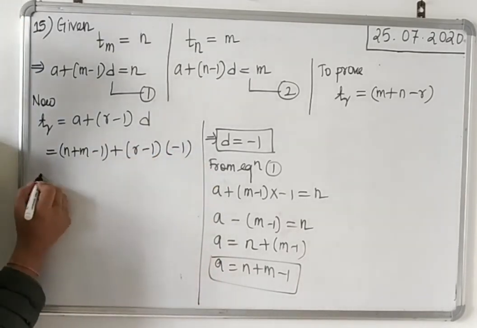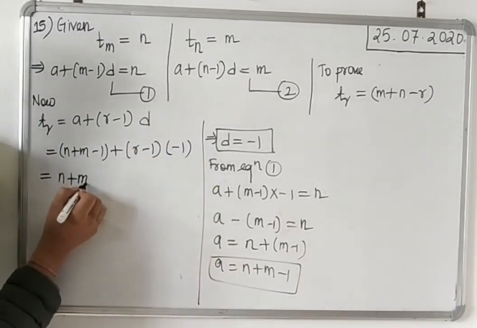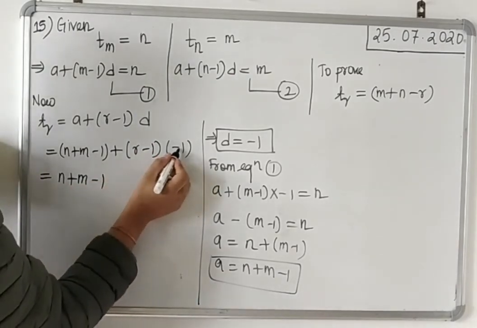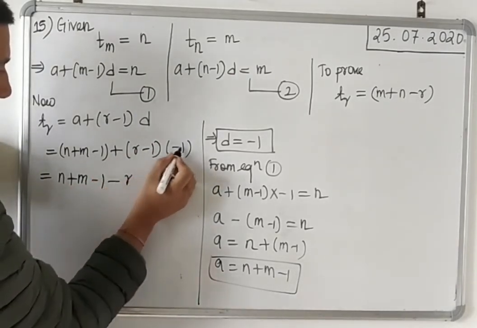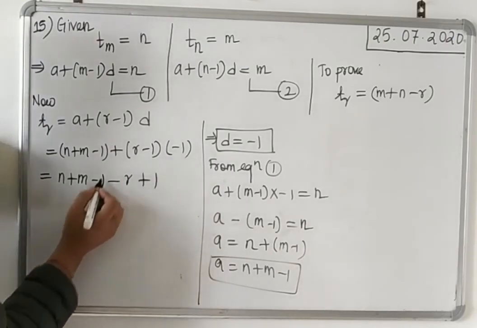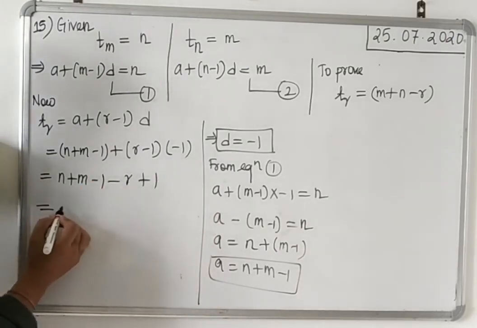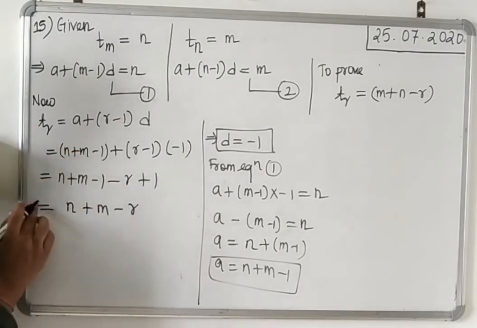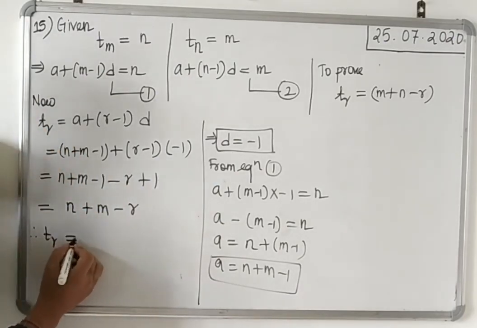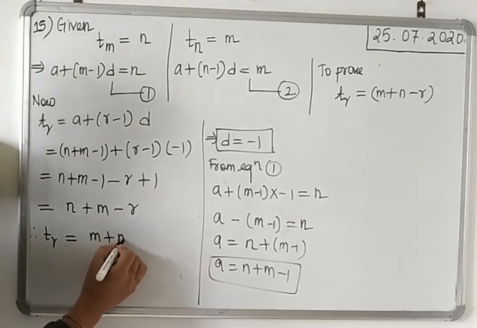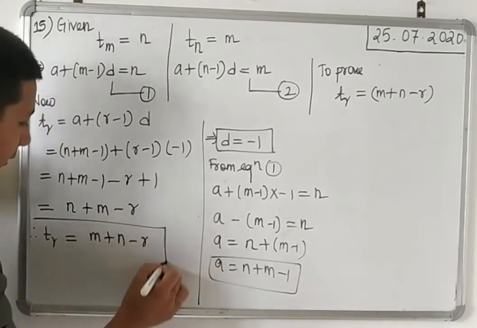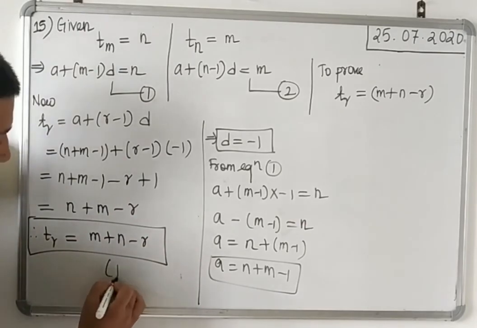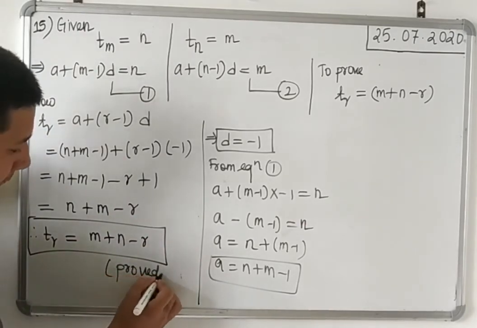Let us multiply. Minus into plus is minus, minus and minus is plus. So plus 1 minus 1 gets cancelled out. So I am getting n plus m minus r. Therefore Tr, the rth term, is m plus n minus r, which is proved, isn't it? So this has been proved.